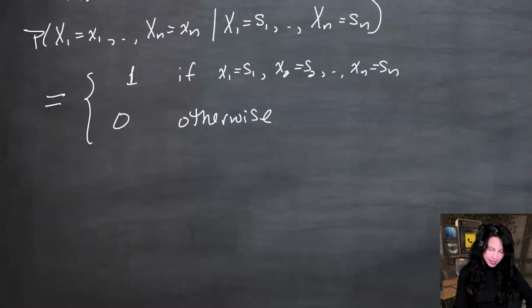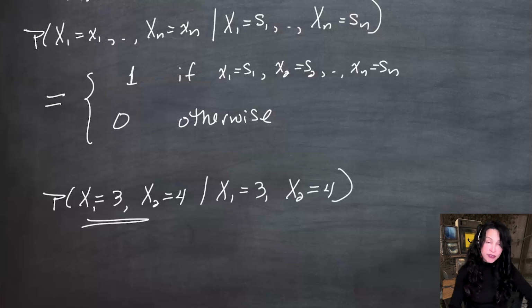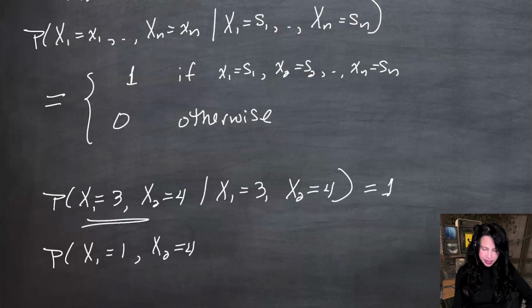It's kind of like saying, what is the probability that x1 equals 3, x2 equals 4, given x1 equals 3 and x2 equals 4? You're given that, so you're definitely going to have x1 equals 3 and x2 equals 4. This probability would be 1, whereas if you kind of messed one of these up, this probability is going to be 0.